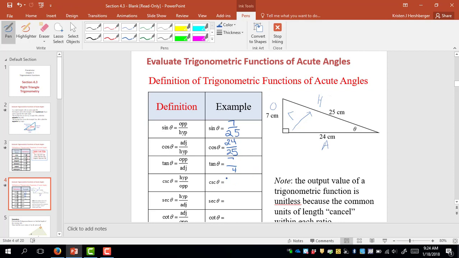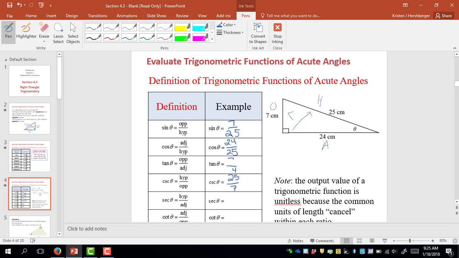And then remember, cosecant is the reciprocal of sine. So since sine was opposite over hypotenuse, cosecant is hypotenuse over opposite. Our hypotenuse is 25 over our opposite is 7.